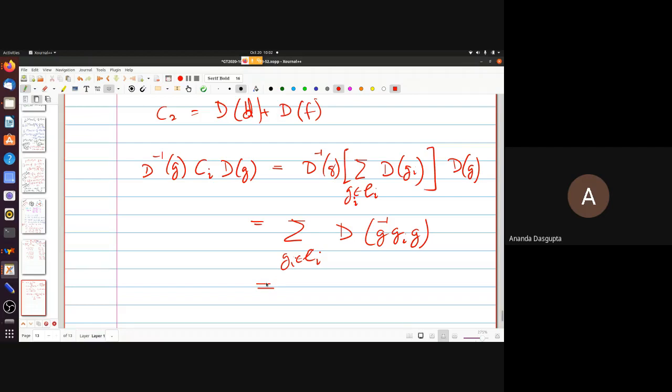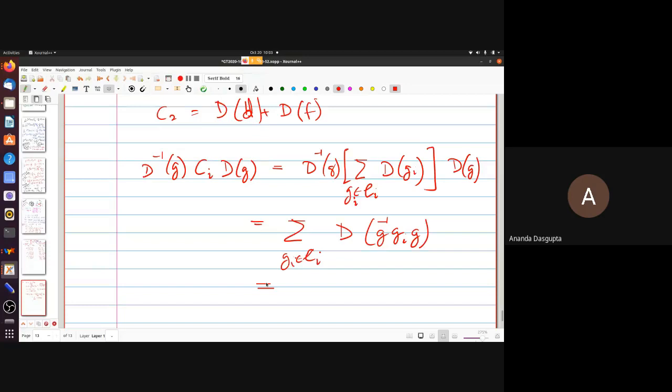But can anybody tell me what this is going to be, this sum? You have seen this argument used at least twice before, if not more. Once when we dealt with the fact that every finite group has unitary representations. Again, when we used Schur's lemma to get those orthogonality theorems, right? We use this fact that the sum over every group element is invariant under this kind of unit transformation.